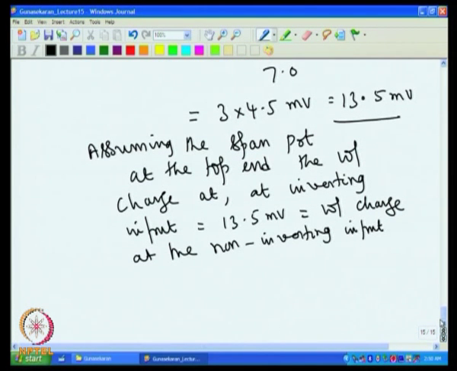So, the expected voltage change at the non-inverting input is 13.5 millivolt.